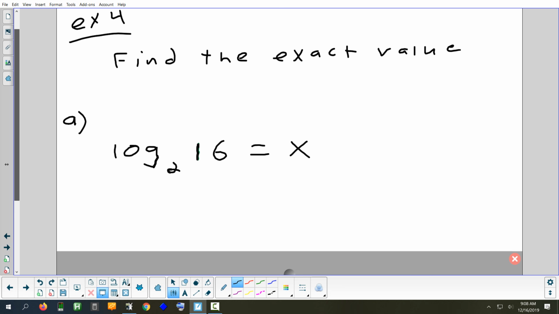Change it into exponentials. Yeah. The only thing we know how to do right now with logs is change them to exponentials. The only thing we know how to do with exponentials is change them to logs. Let's just try it and see if something happens. Let's start with my base. So what's my base here? 2. Yep. Base is 2.